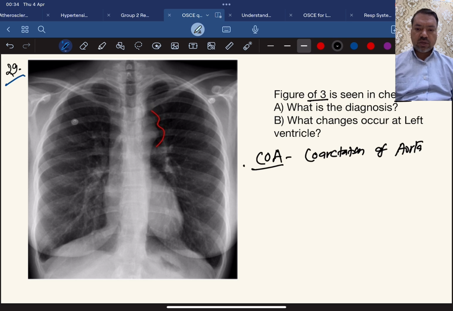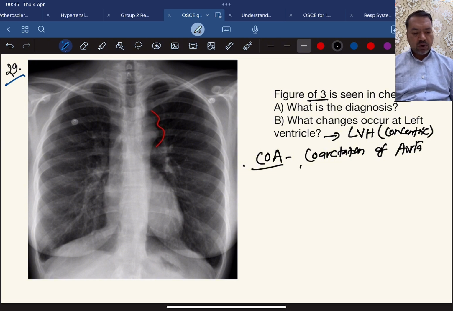After the origin of the left subclavian artery, there is acute narrowing of the arch of the aorta. So this is the diagnosis, and what changes occur at the left ventricle? The left ventricle will develop left ventricular hypertrophy, a concentric type. Concentric type means the hypertrophy occurs towards the lumen or chamber of the left ventricle, so that the left ventricle chamber will become smaller in size.